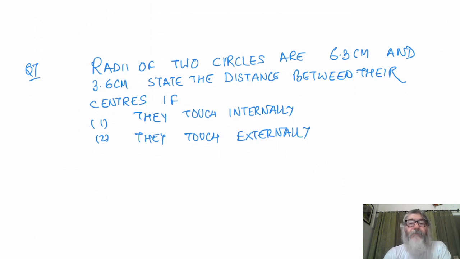What will be the maximum distance between the centers of the circles of radius 6.3 centimeter and 3.6 centimeter, and what will be the minimum distance between the centers of circles of radius 6.3 and 3.6? Here he has given you they touch internally, they touch externally, a straightforward question.